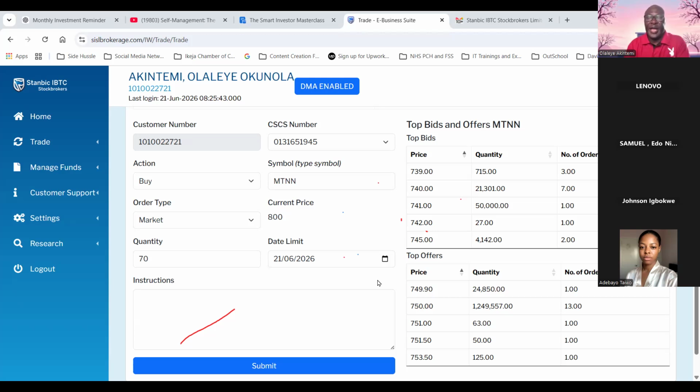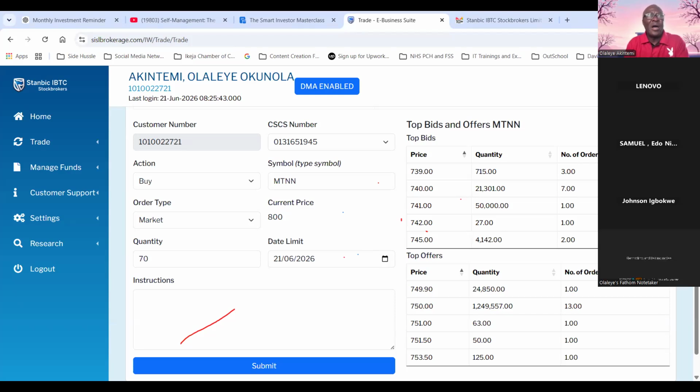You are definitely correct. And to buttress that point, I will tell you my experience as well. I think it was Okomo or MTN I was trying to buy. Let me just assume it was MTN.